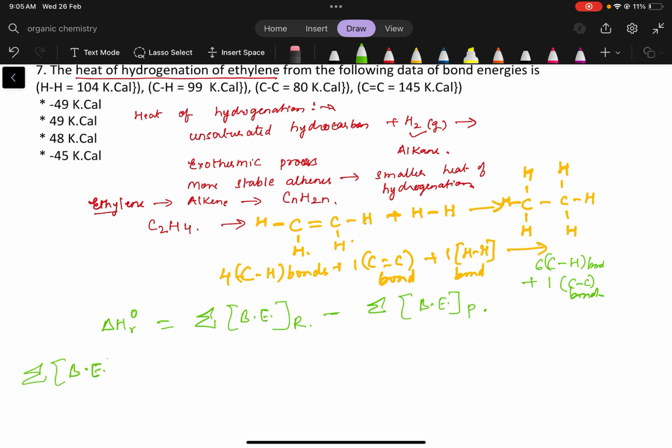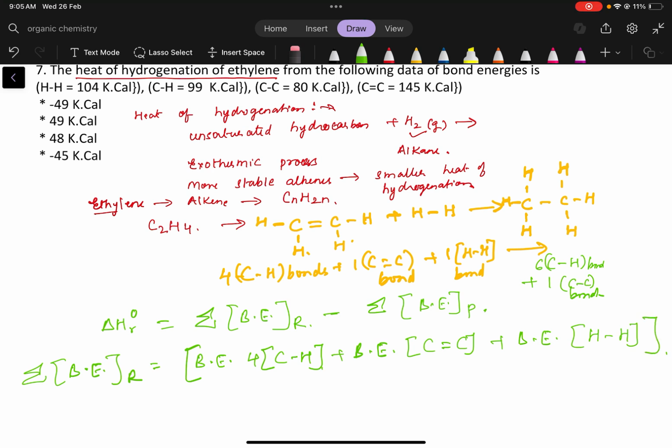Let us look at the bond energy of the reactant side. It is equal to the bond energy of 4 CH bonds plus 1 CC bond plus 1 HH bond.